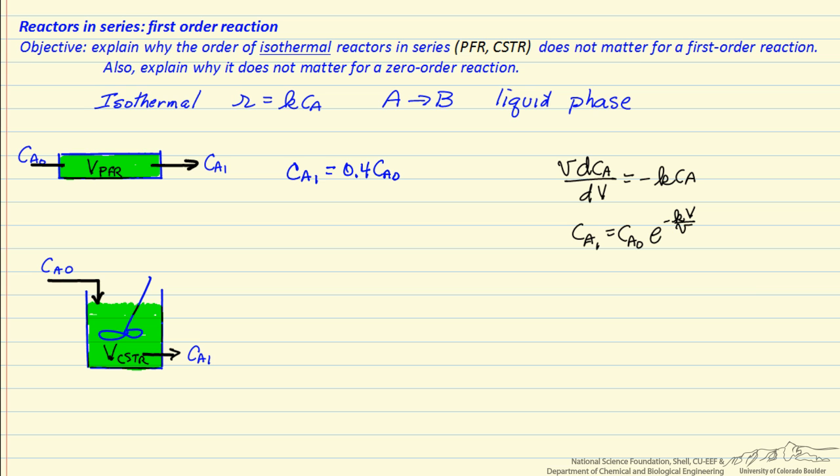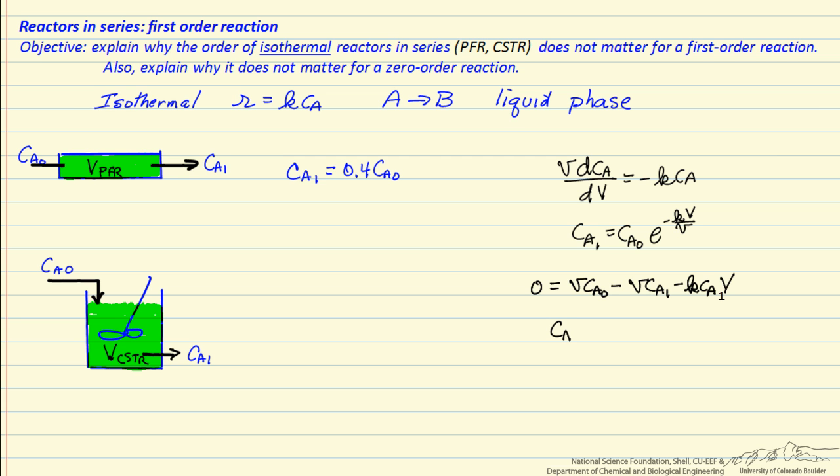And now we're going to look at CSTR. So we'll look at the mass balance for a CSTR. There's no accumulation. There's a molar flow rate in, which is a volumetric flow rate times the feed concentration, and then a molar flow rate leaving. And the difference is because of this first order reaction taking place.